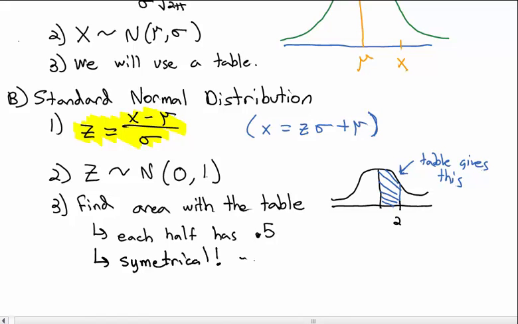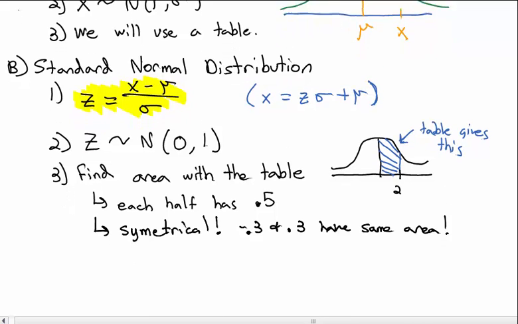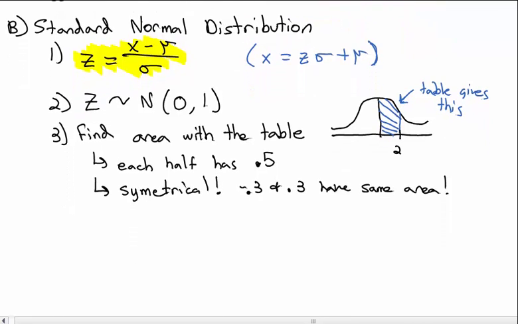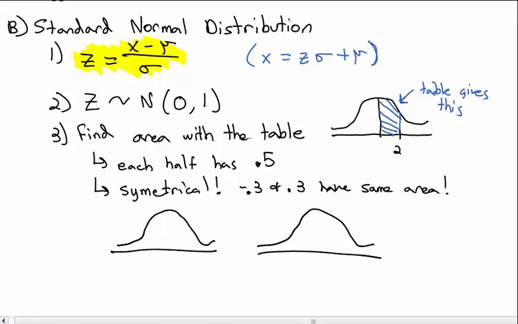So negative 0.3 and 0.3 have the same areas. In other words, visually what I mean by this, these aren't really good, but hey, here's 0.3. Negative 0.3 is over here.